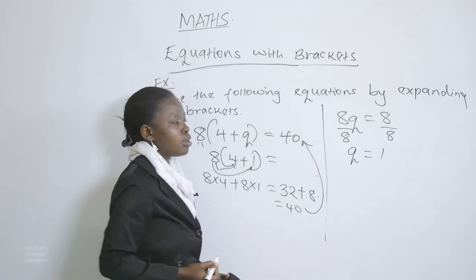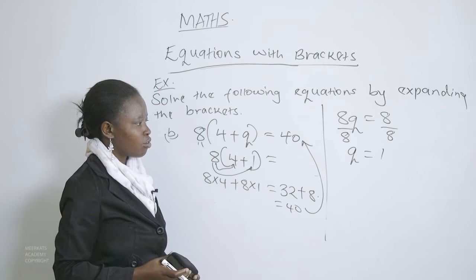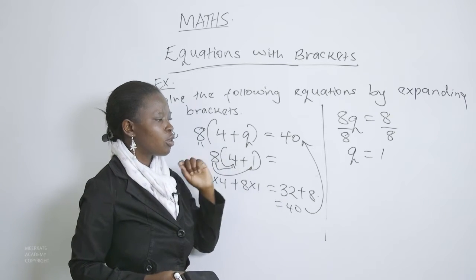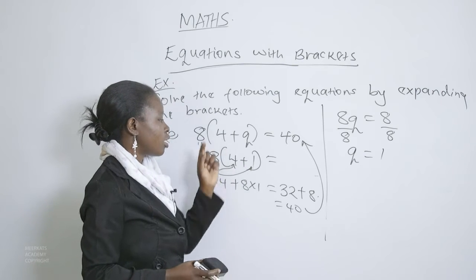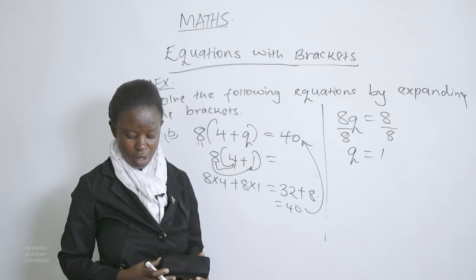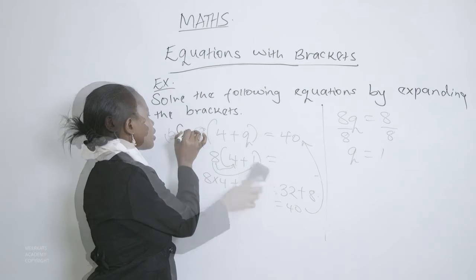So it simply means that when q is 1, then the left hand expression is going to give us 40 as the value of that given expression.